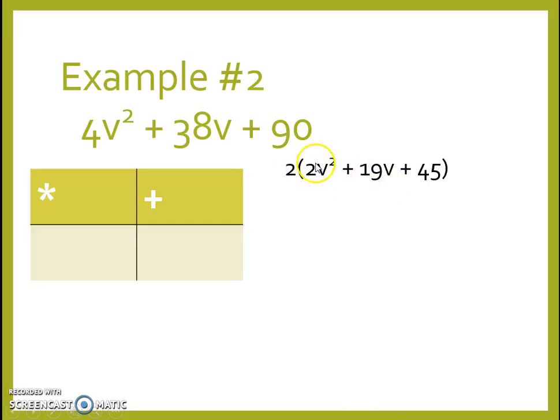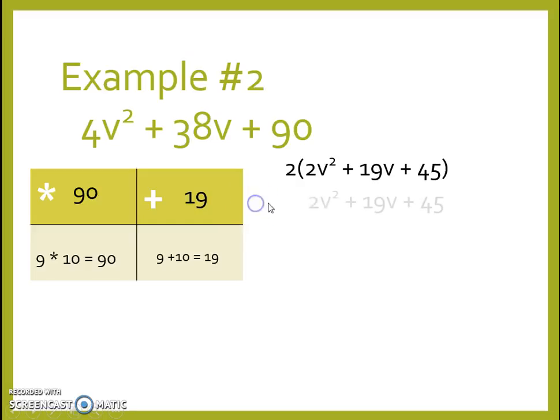So I multiply the 2 and the 45 to get what I need to multiply to get. And then I put the 19, the middle term, on the right side. It's what I want to add to get. So I need two numbers that multiply to be 90 and add to be 19. Well, 9 times 10 is 90, and 9 plus 10 is 19.